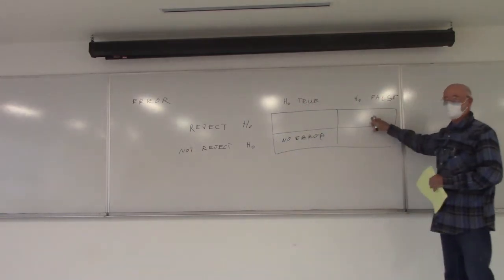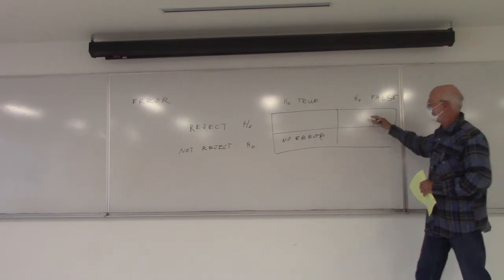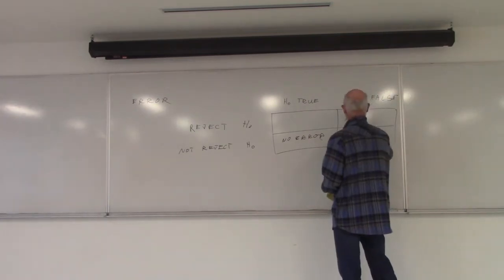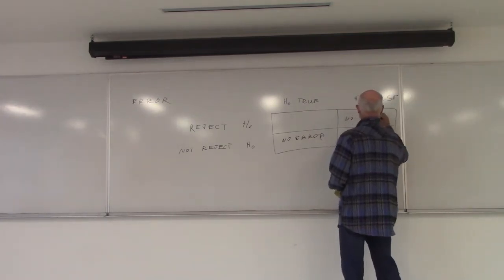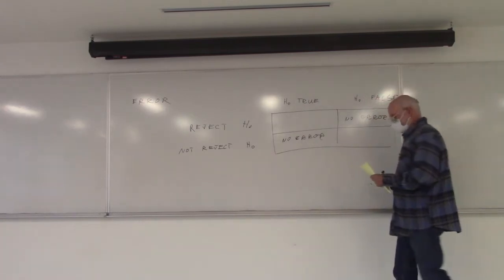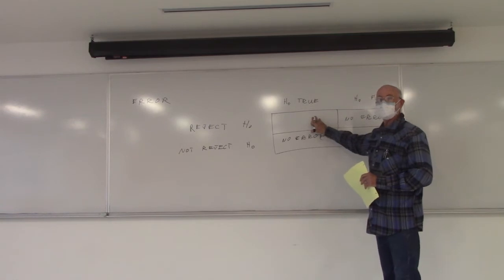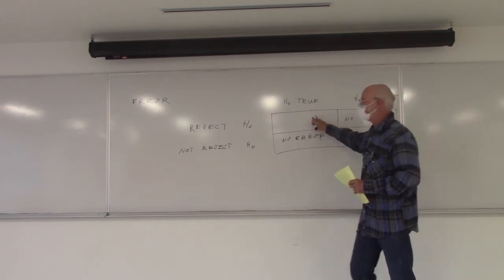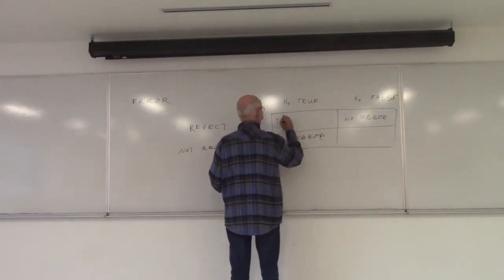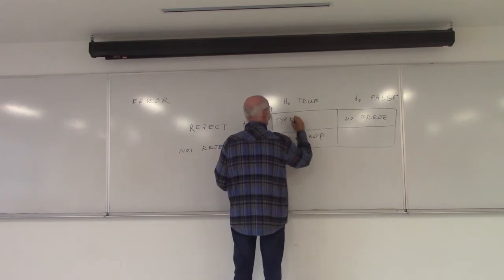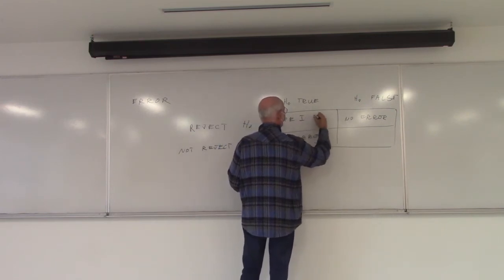If H naught is false and we reject it, that's great, no error. On the other hand, if H naught is true and we reject it, that's called a type 1 error.